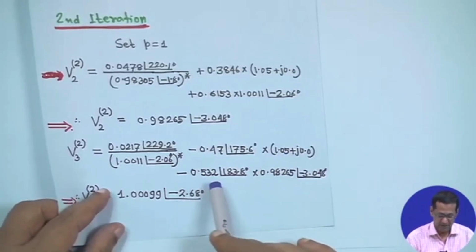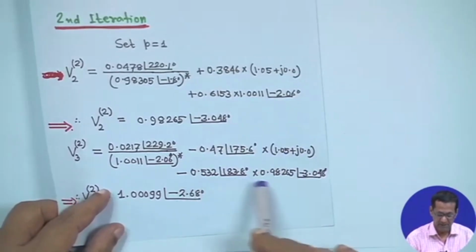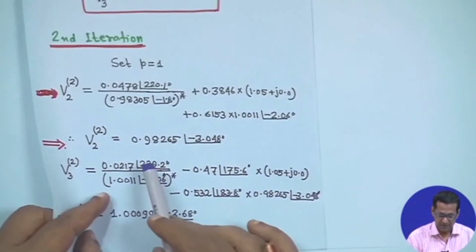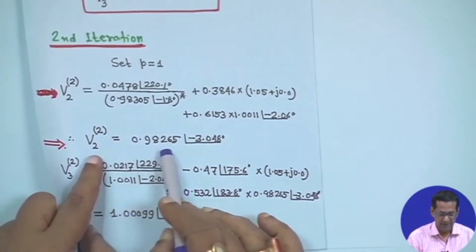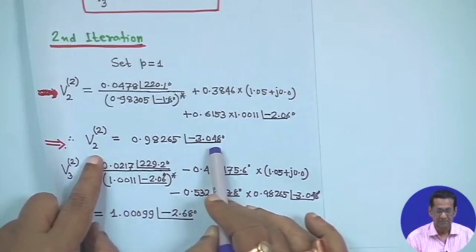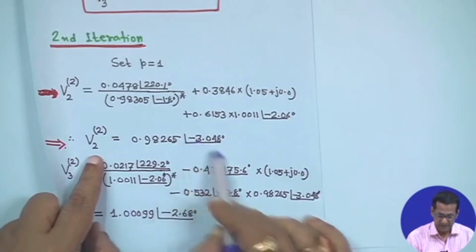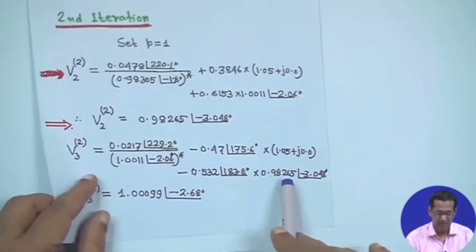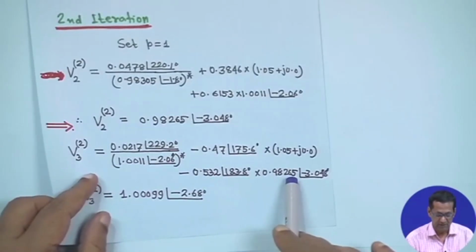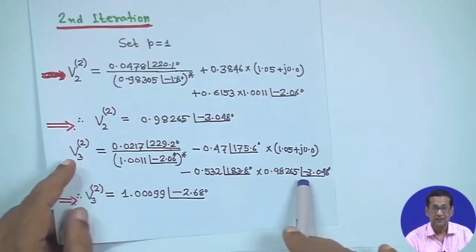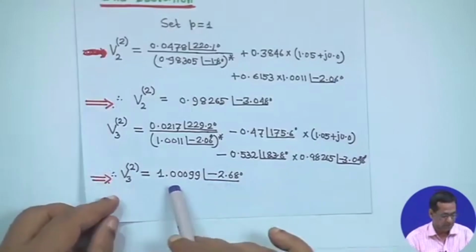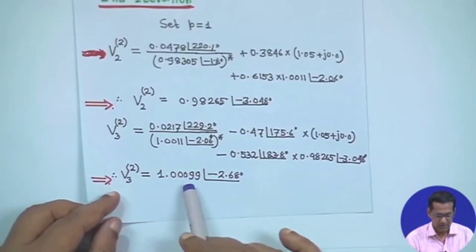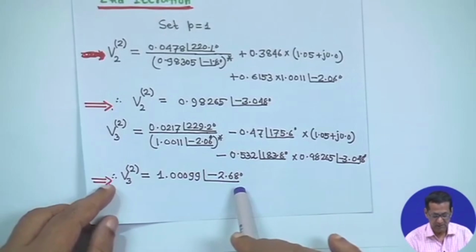Then minus 0.532 angle 183.8 degree into this V2 2 voltage you have got here, 0.98265 angle minus 3.048 degree. This value you directly substitute here, right. So, if you do so, V3 2 will come 1.00099 angle minus 2.6 degree.